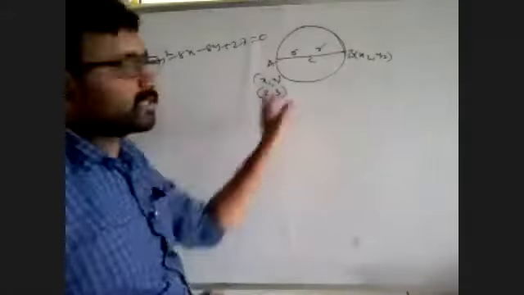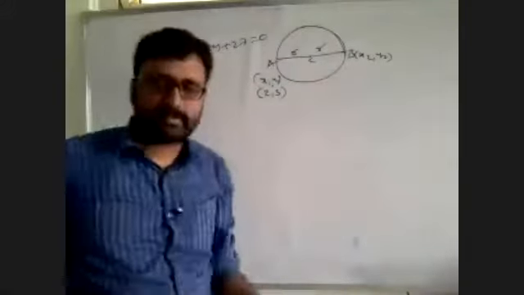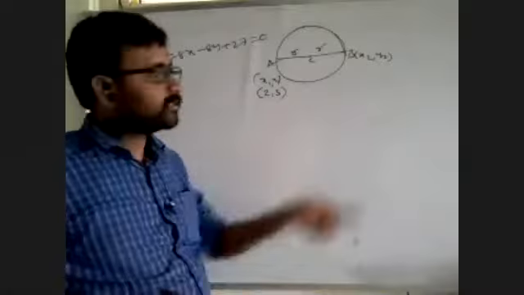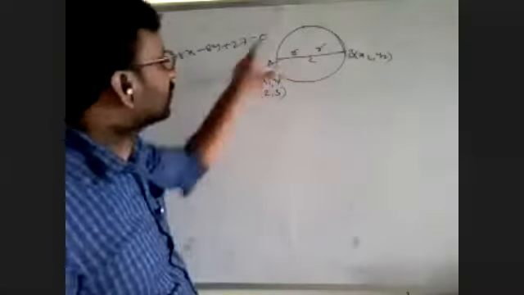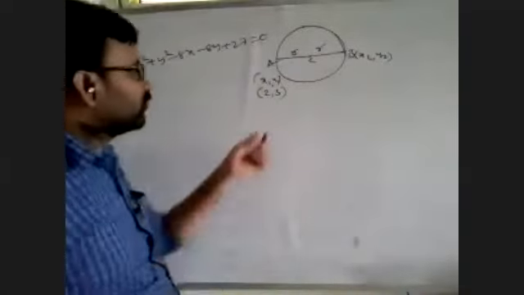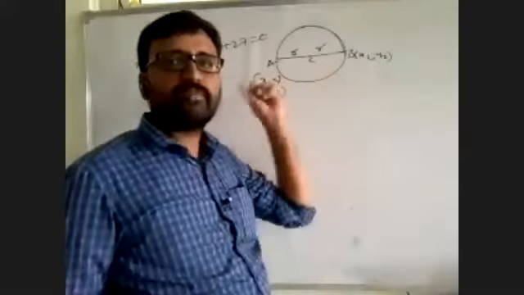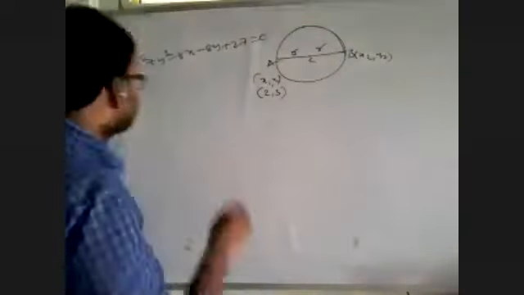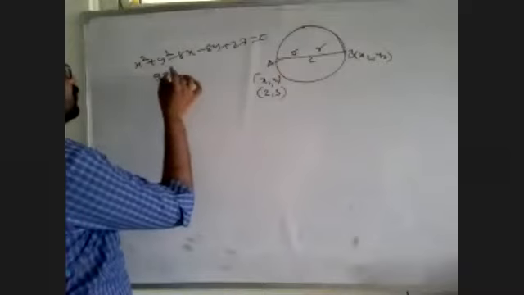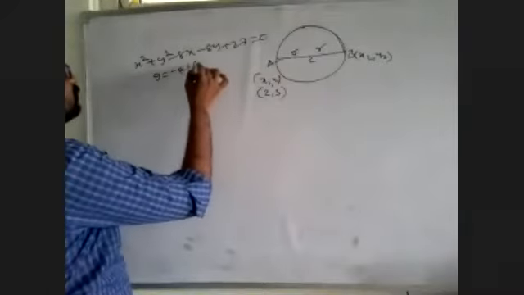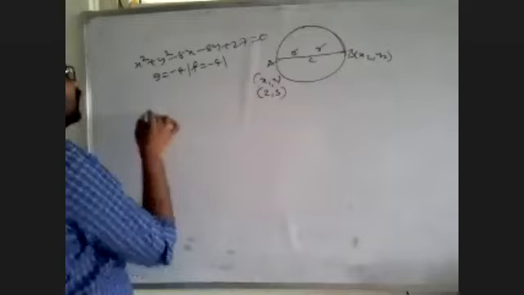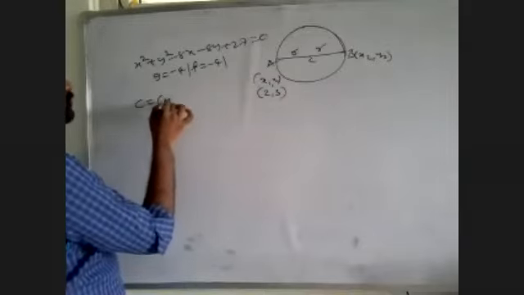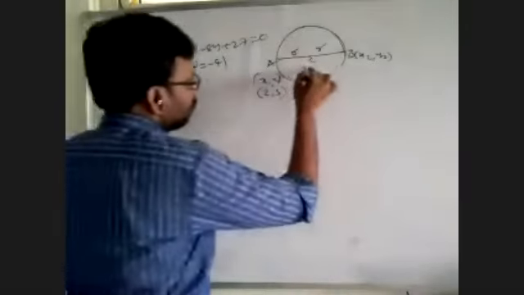One end of the diameter is given, so what is the other end, x2 y2? The circle is given, so if you know the center, by using the midpoint formula you can find it easily. G is equal to minus 4, F is equal to minus 4, and the center is 4 comma 4.